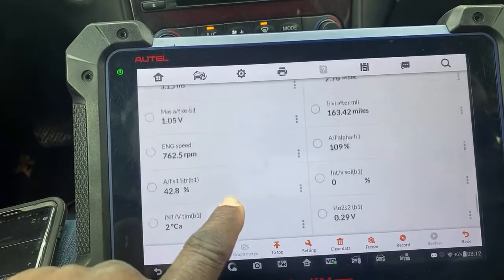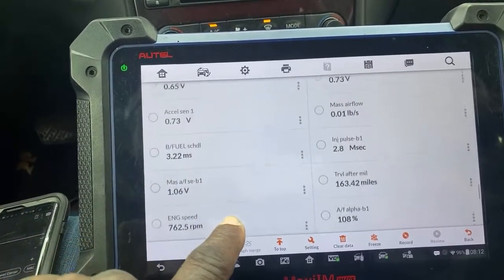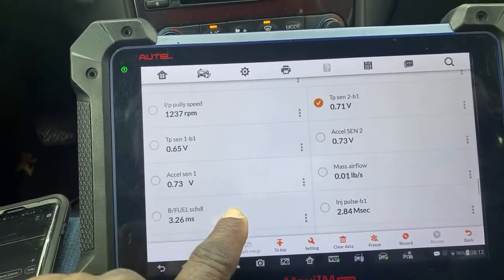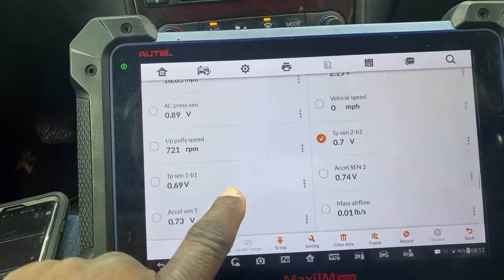Are you sure this car has two throttle bodies or one? You know what I mean by throttle body?